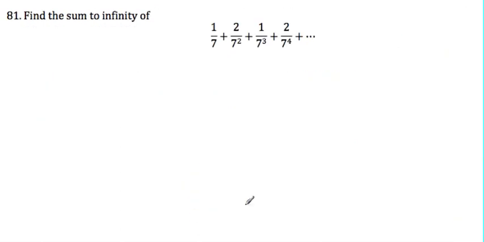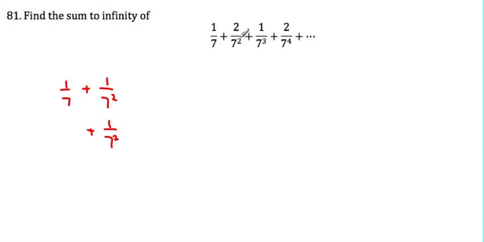All right, let's look at number 81. So we have 1 over 7 plus 2 over 7 squared plus 1 over 7 to the 3rd plus 2 over 7 to the 4th, and then it goes on infinitely, and we can see the pattern. One way we can do this is to assume 1 over 7 plus 1 over 7 squared plus 1 over 7 squared.